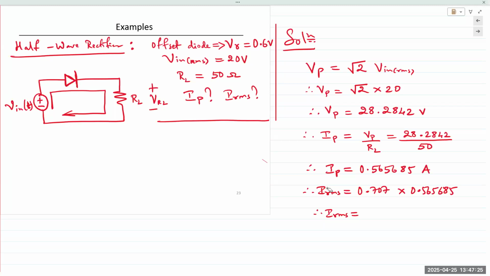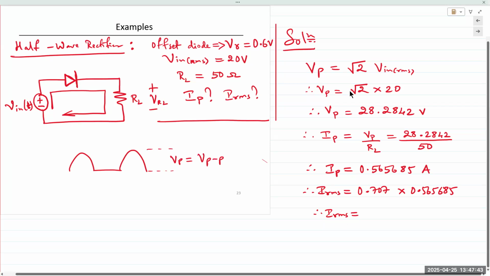In this case, the peak value of the waveform is the peak to peak value. So for a half-wave rectifier, the waveform is this. So the peak value of the waveform is also the peak to peak value. That's why.